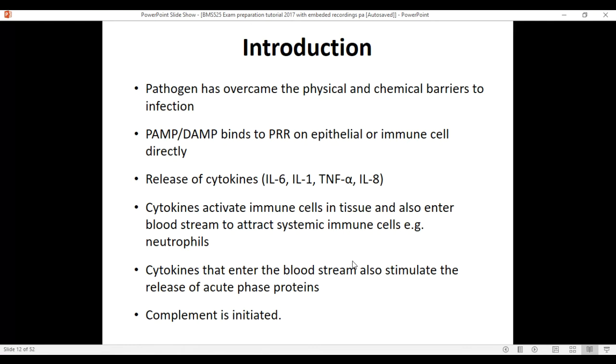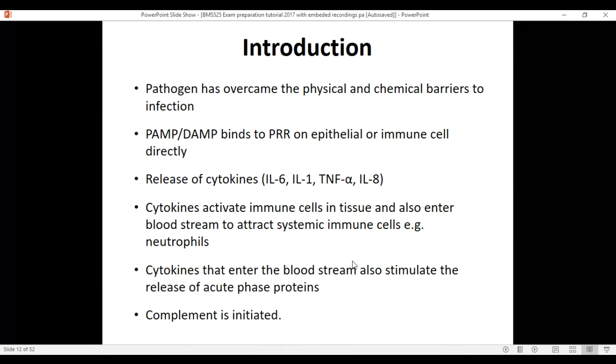just before complement's activated. So basically, we're protected from infection by physical and chemical barriers. And what has to happen for us to get infected is the pathogen at hand needs to overcome the physical and chemical barriers to infection.